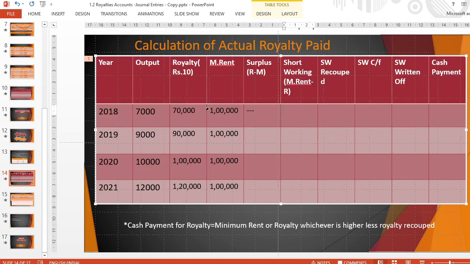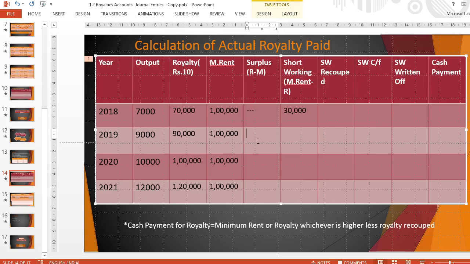Minimum rent 1 lakh minus royalty 70,000. So the difference amount as 30,000 represents short working. 2019 again 90,000 and 1 lakh. So again minimum rent exceeds royalty. Minimum rent is higher than royalty.